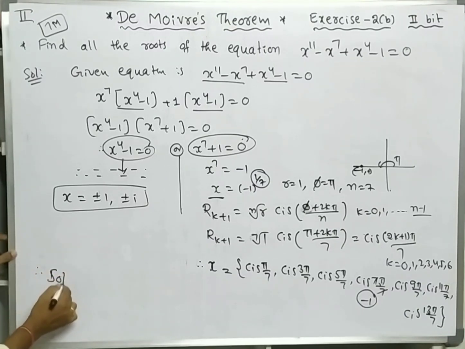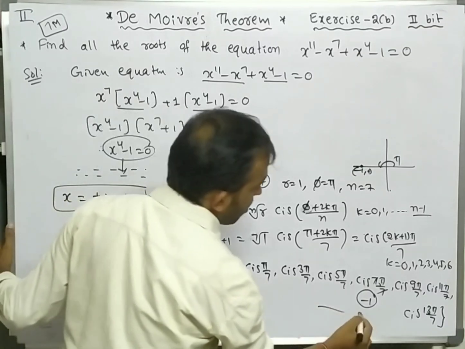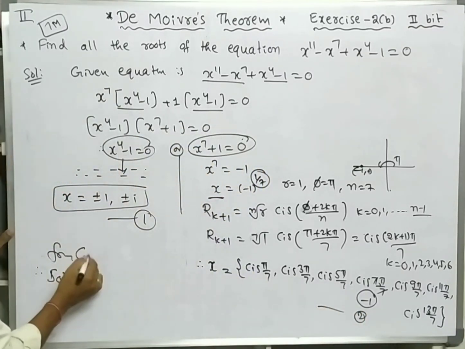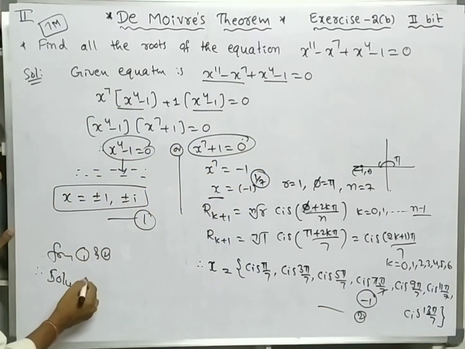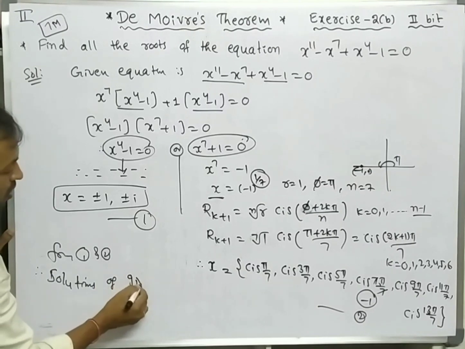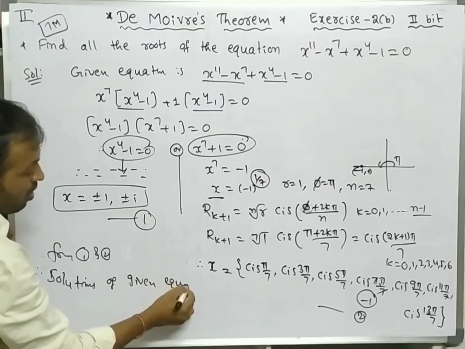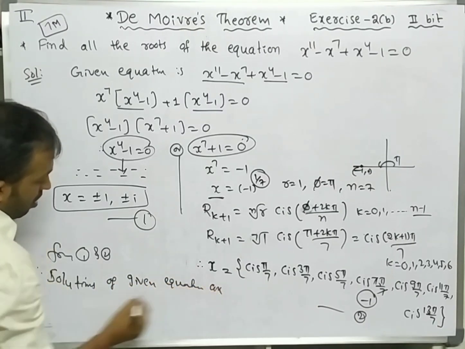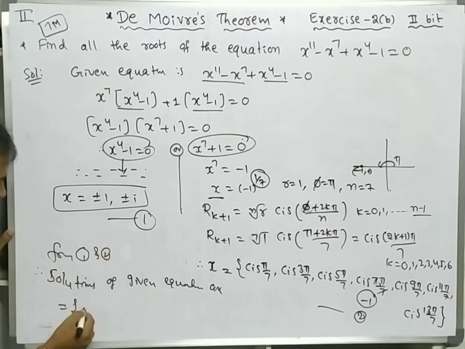Therefore, the final solution set from 1 and 2, the solutions or roots of the given equation, are plus or minus 1, plus or minus i.